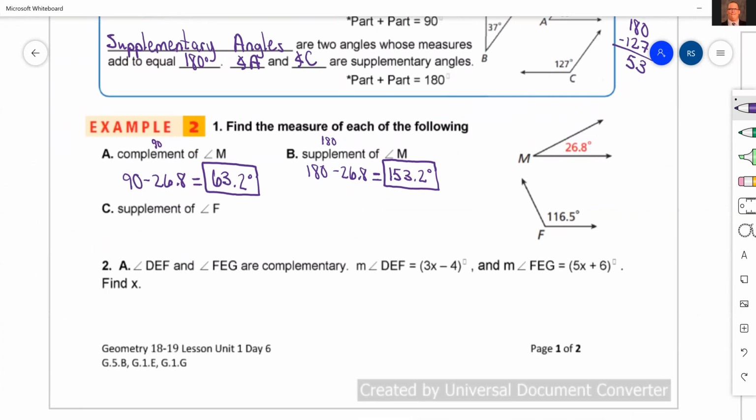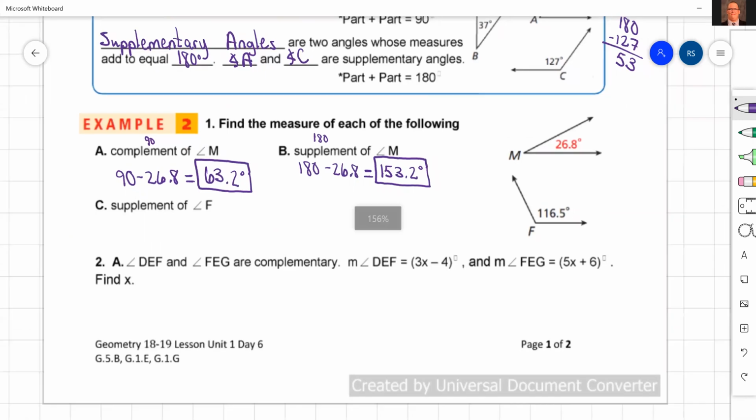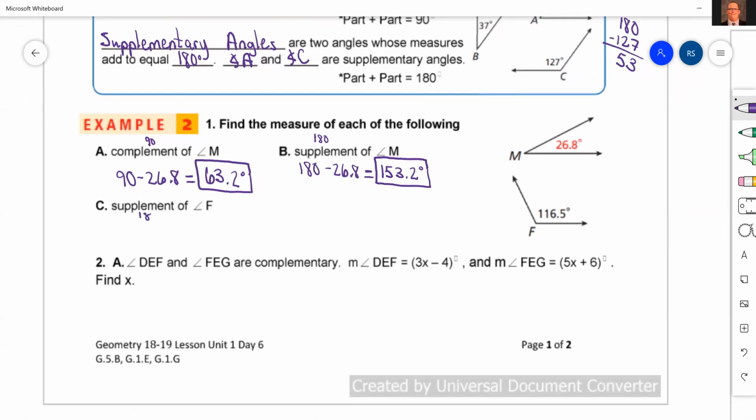And now the supplement of angle F. So supplement is what? 180. So we're going to say 180 minus, we're dealing with angle F now, 116.5, which gives us 63.5 degrees.